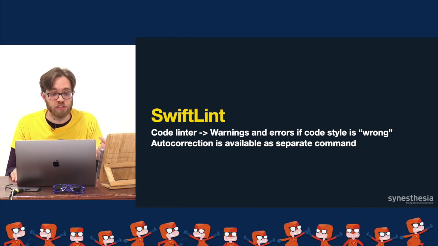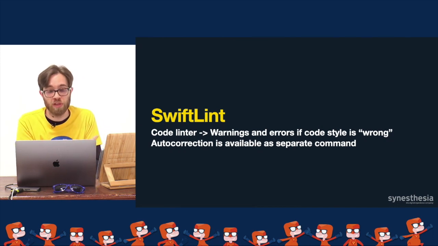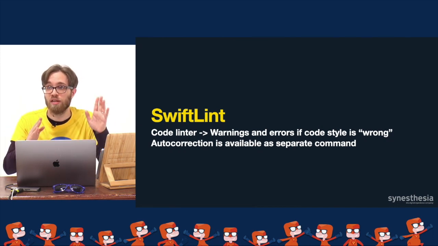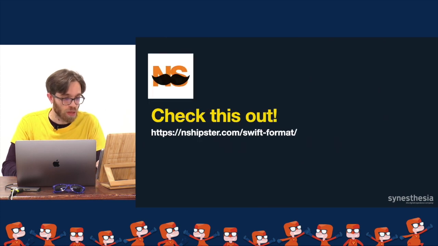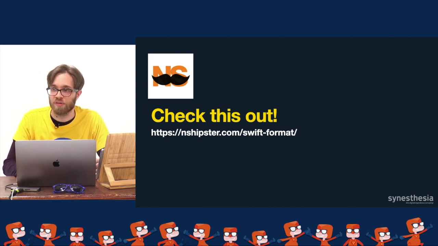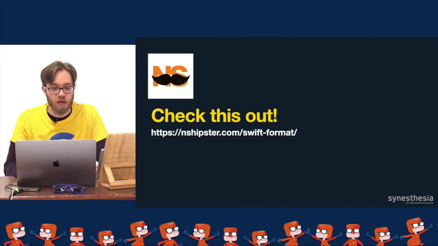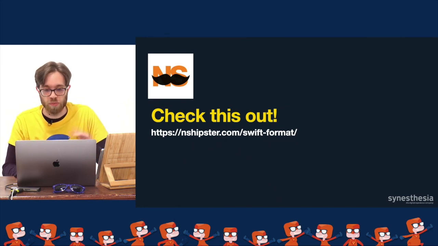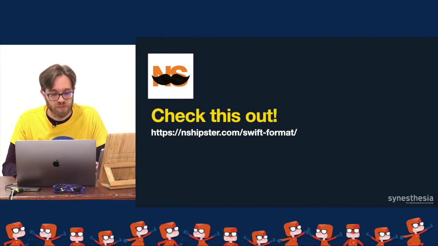The nice thing is that you get an autocorrection feature as a separate command, so you can mix SwiftFormat and SwiftLint all together and automatically lint all your files. If you want more information about this, this is a nice article from NSHipster, which is the Bible of our iOS developers, written by Mattt Thompson, which is the master of this stuff, and I recommend you check it out.